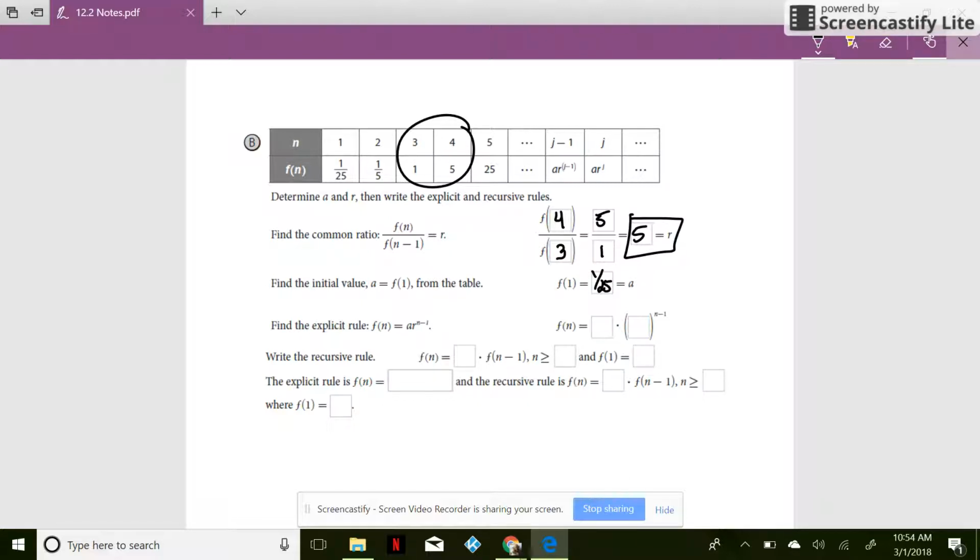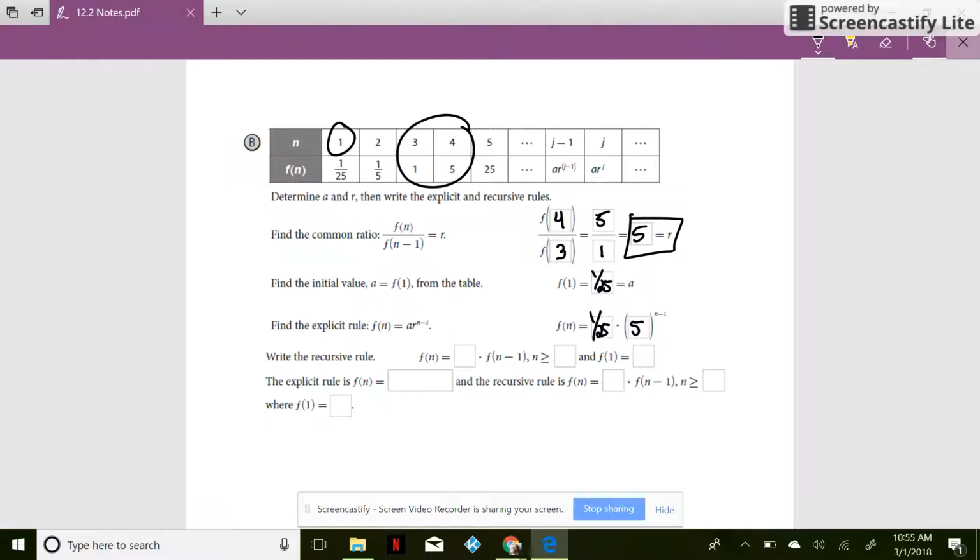So our explicit rule, f of n is equal to a, which is 1 over 25, times our common ratio, 5 to the n minus 1. Since we're starting at position 1, we have to pick n minus 1 for our explicit.